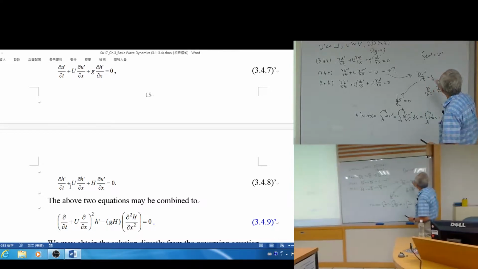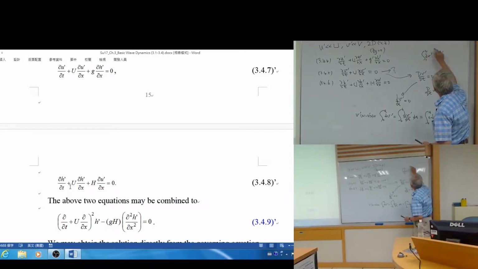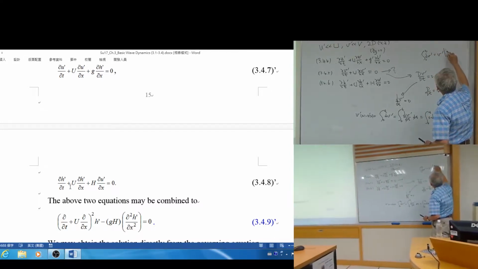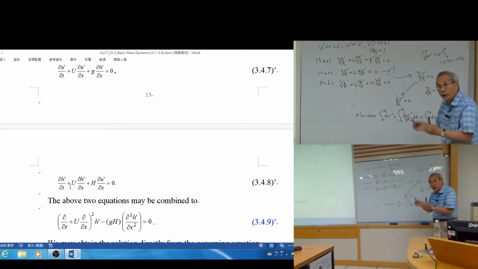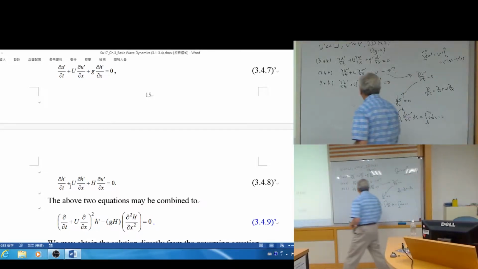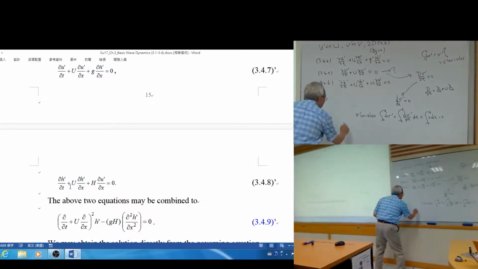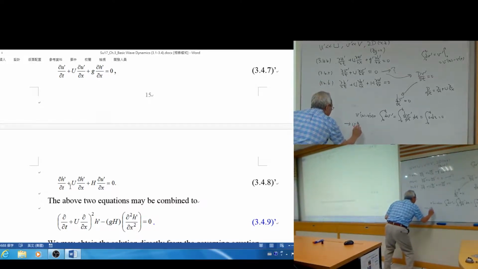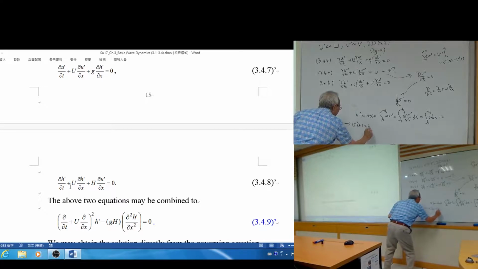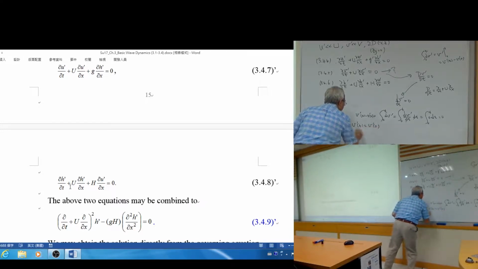If this is 0 to t, that means v prime at time t minus v prime at time 0, the initial velocity. So equation 3.4.5 becomes v'(t) equals v'(0).